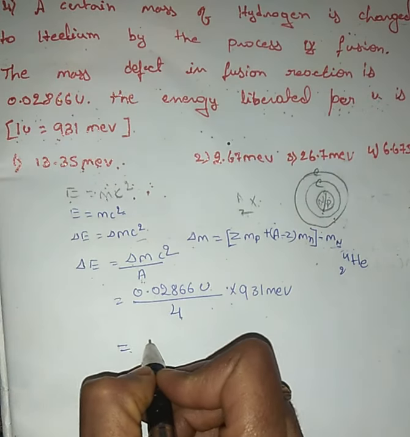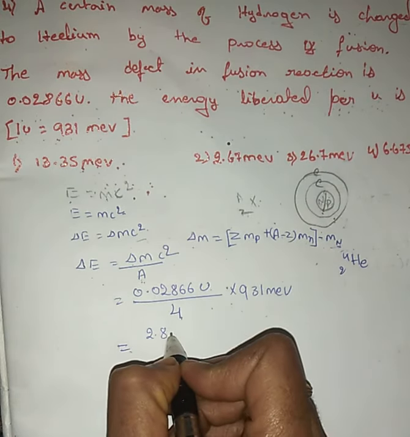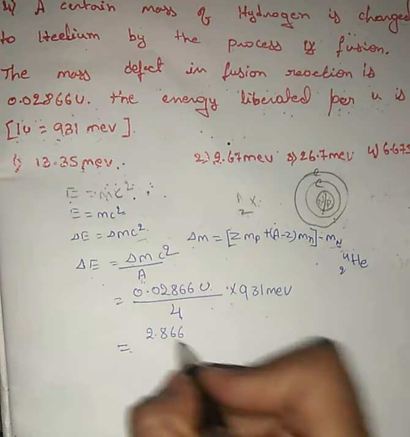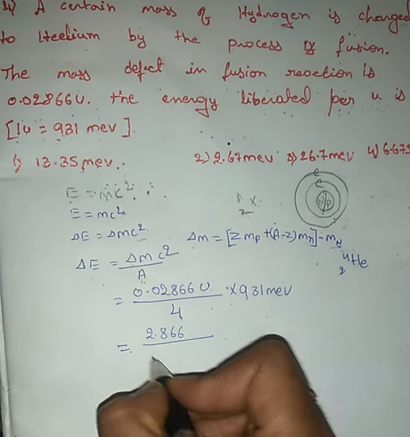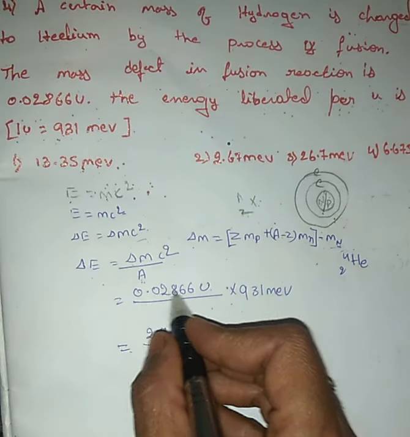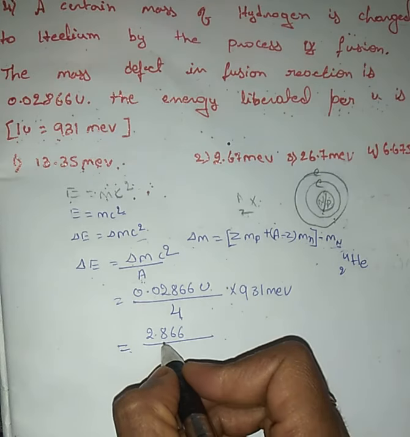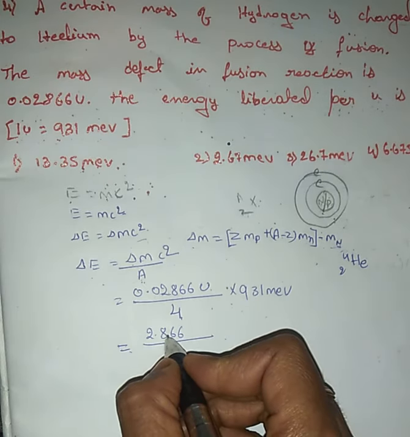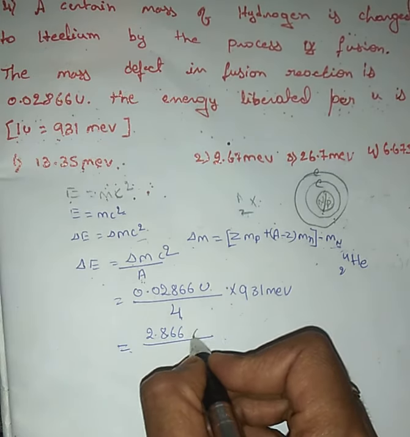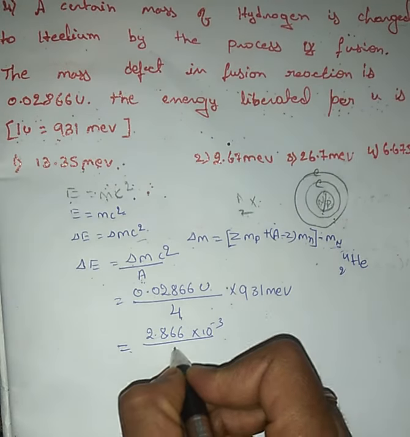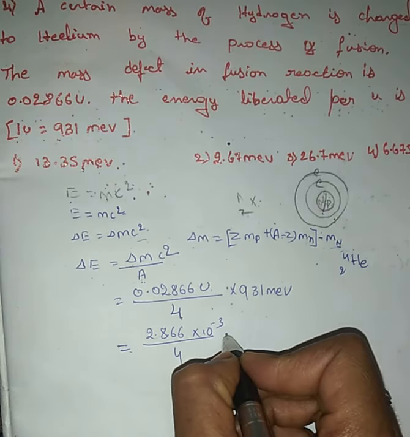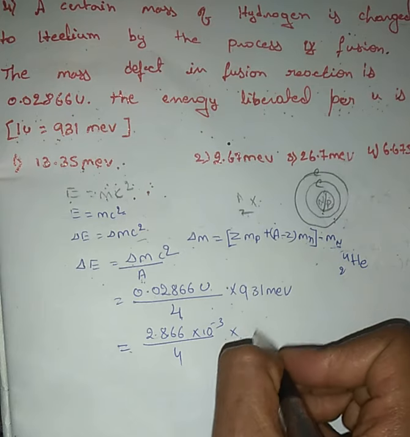So we take 0.02866 as 28.66 into 10 to the power of minus 3, divided by 4, into 931.